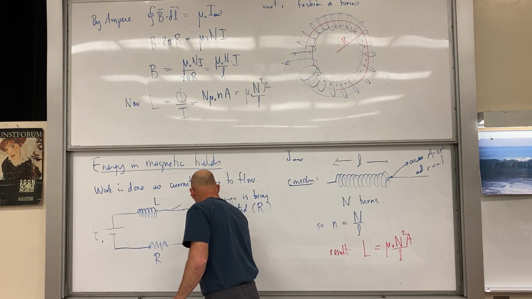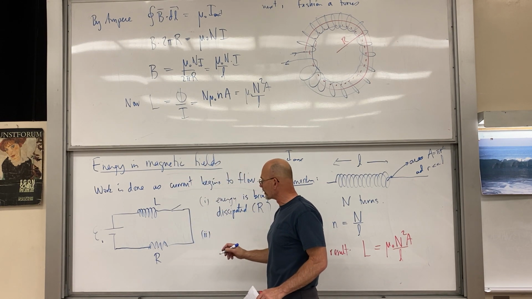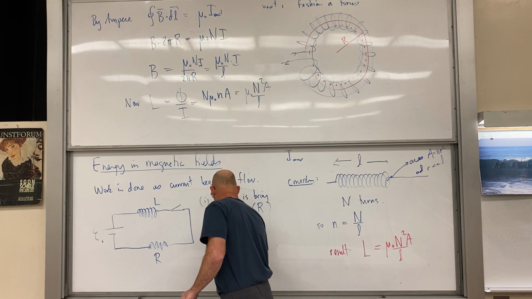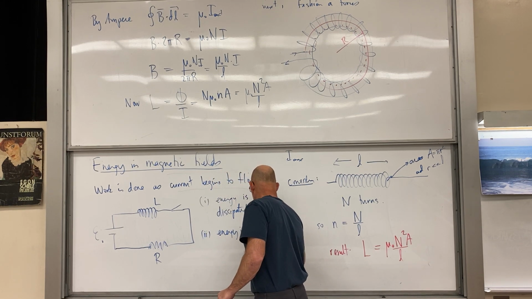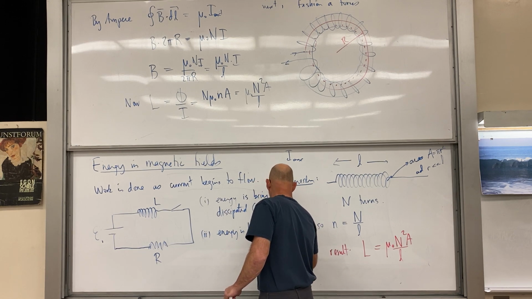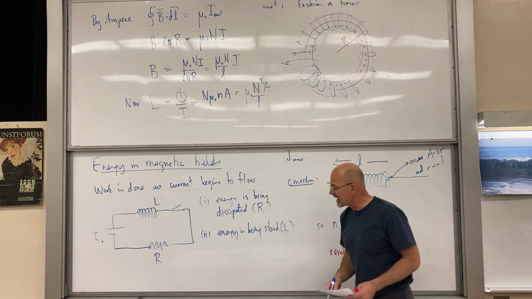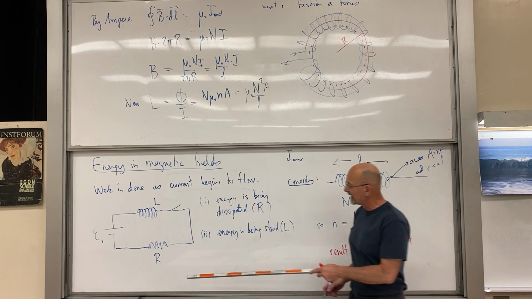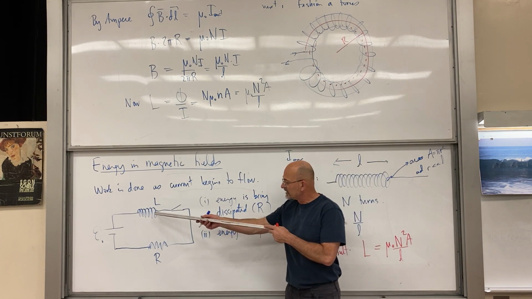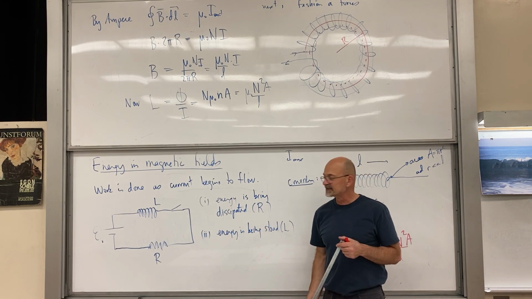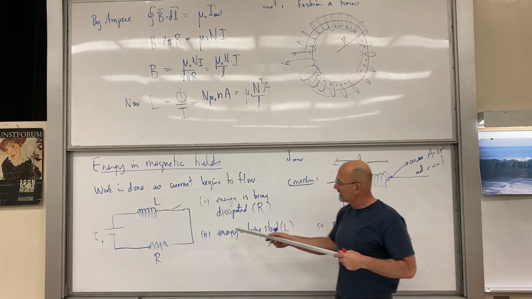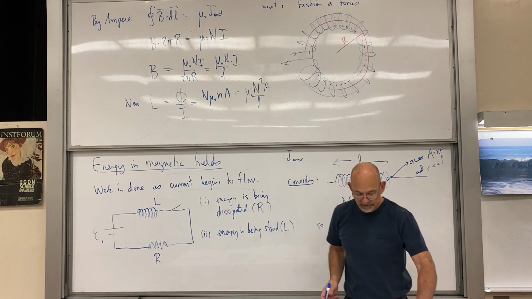And the second kind, we can say energy is being stored. Since it's not being dissipated, and definitely there's work being done against that EMF, it has to be recoverable. So if I say it's being stored, it must somehow be recoverable.